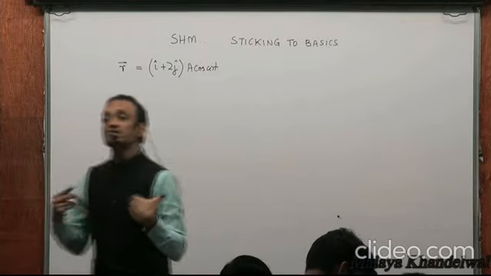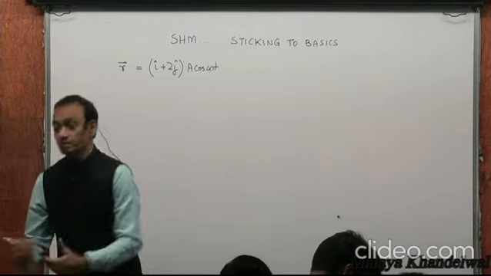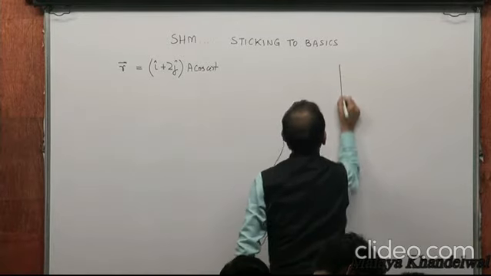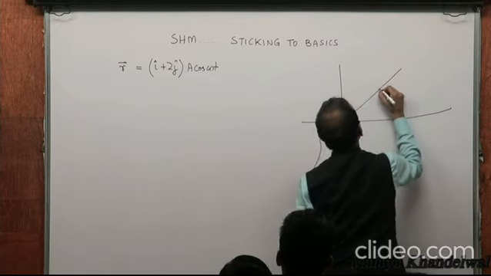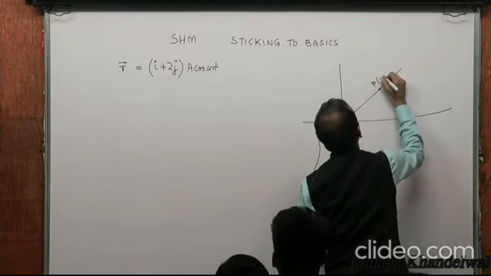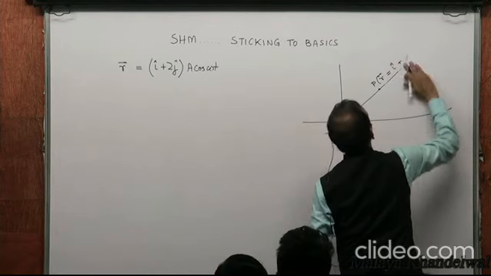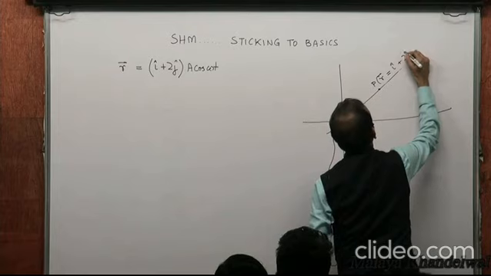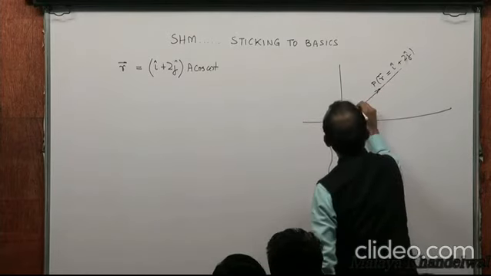Surely this is simple harmonic motion, but it's not taking place along the x-axis. It's taking place along a line like this. This is a point P whose position vector is i cap plus 2j cap. This is the vector r, right?